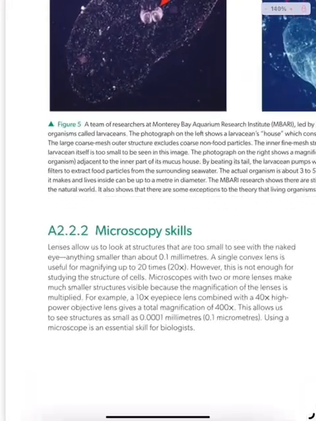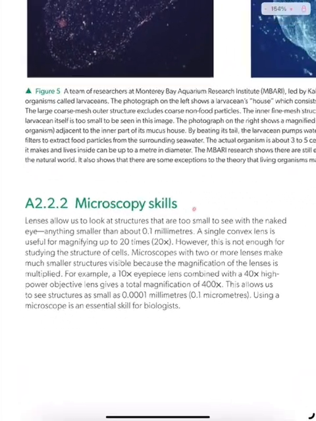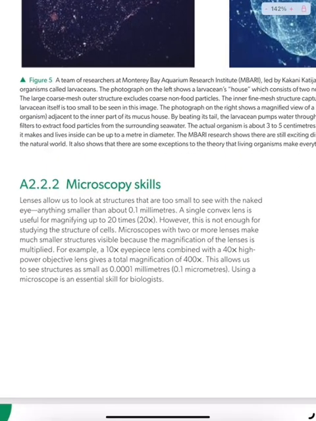Now we can get on with microscopy skills. So we know that microscopes use lenses that allow us to look at structures that are too small to see with the naked eye. A single convex lens is useful for magnifying up to 20 times, but this is not enough for studying the structure of cells.